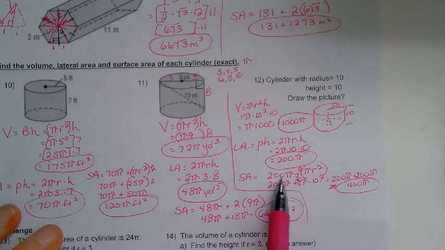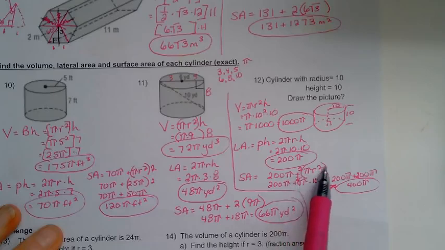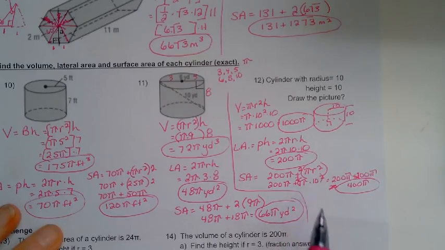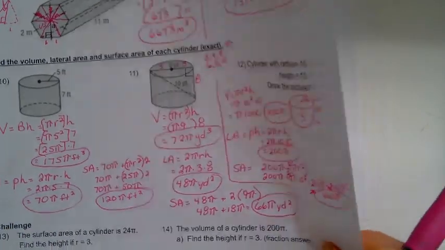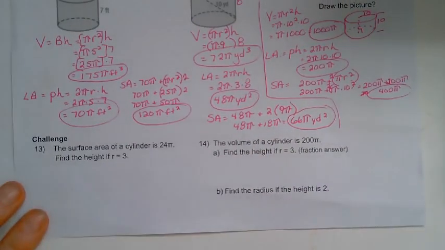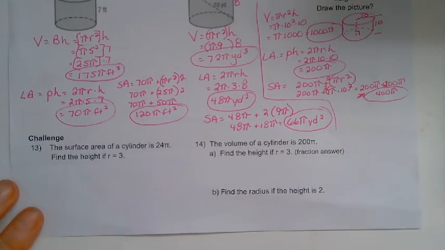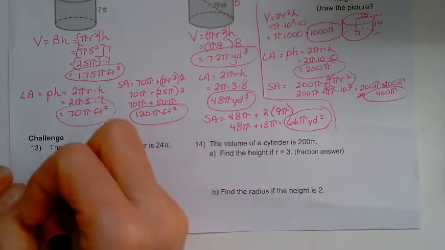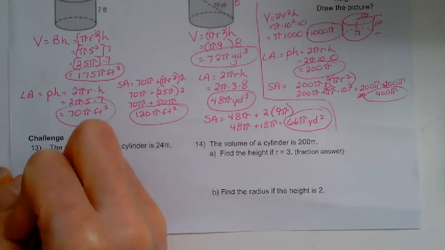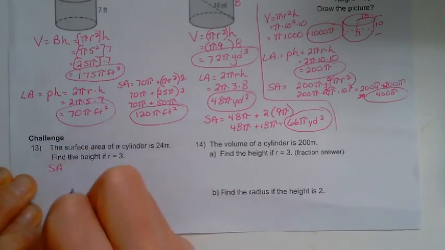Challenge. Well, I'll get you started. The surface area of a cylinder is equal to the lateral area plus the area of the two bases.